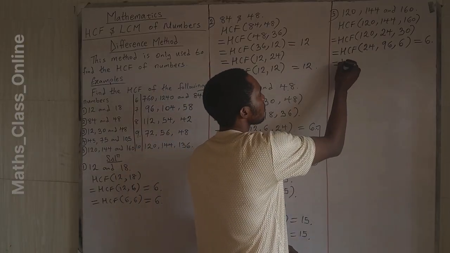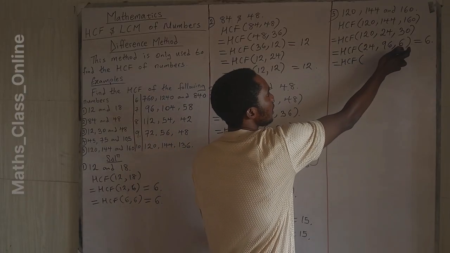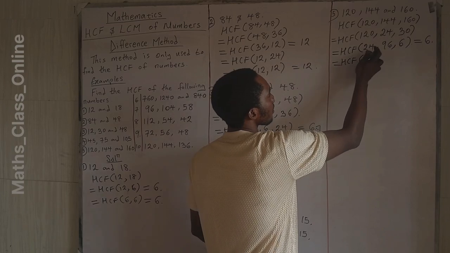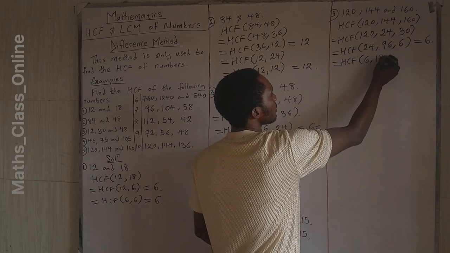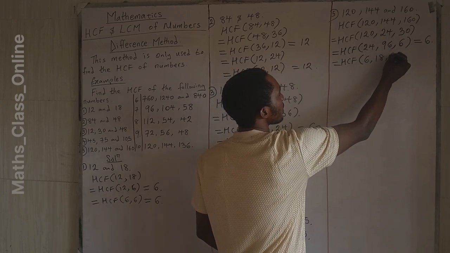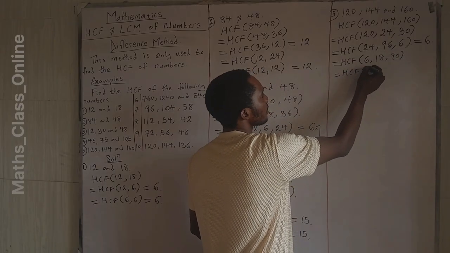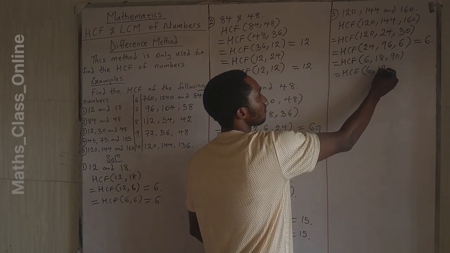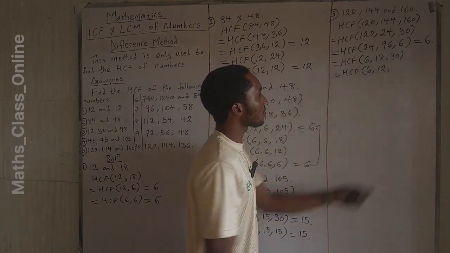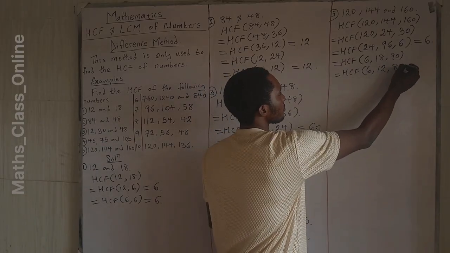That means we will continue. HCF, the least is what? 6. 24 minus 6, that is 18. 96 minus 6, 90. This is equal to HCF 6. 12 minus 6, that is 84.